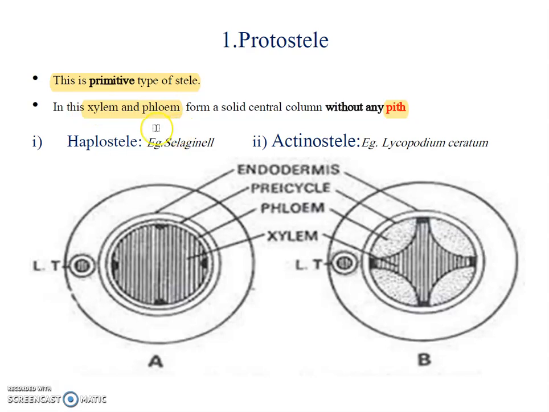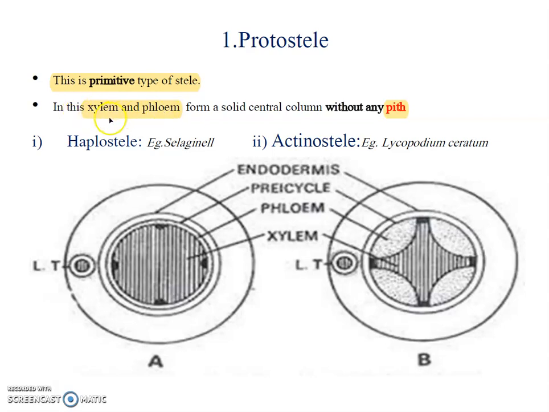First we have to know what xylem is and what phloem is. Xylem means the tissue, the cells which conduct water, and phloem means the cells or tissue which conduct food material synthesized by the leaves and transported from the leaves to the root, while the xylem transports water from the root to various aerial parts.